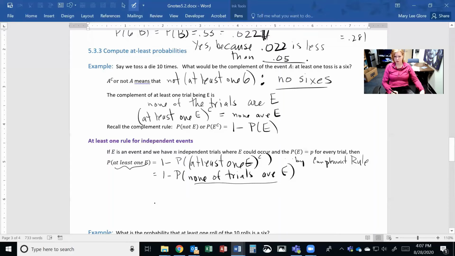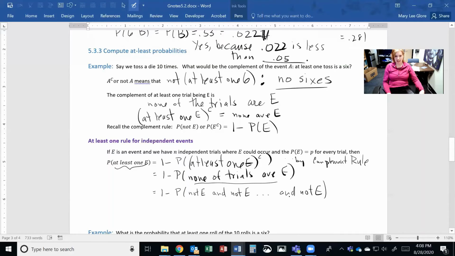None of the trials are E. So what does that mean for each trial? The first trial is not going to be an E, or E complement. And the second one is going to be not E. And the last one is going to be not E. So I'm going to have n of these not E's.